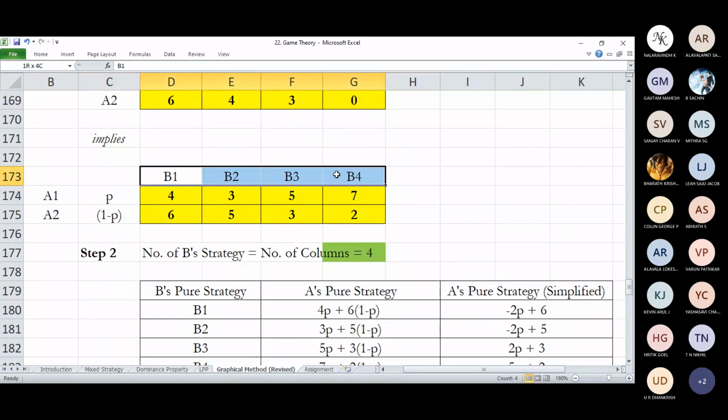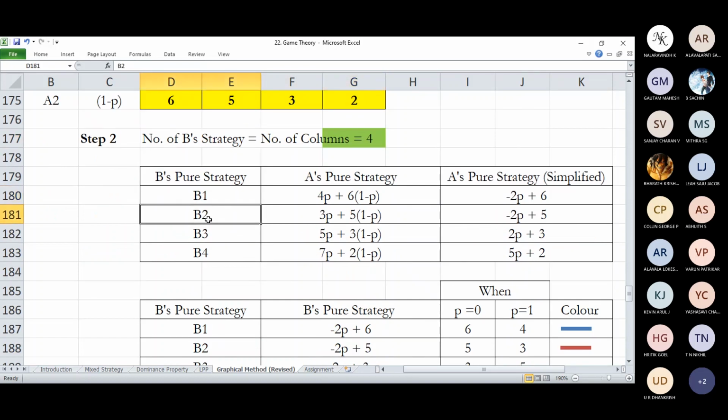You cannot assign P and 1 minus P to the 4 entities, so only the 2 entities get P and 1 minus P. Keep that in mind. The number of B strategies is the number of columns, which is 4, so we have B1, B2, B3, and B4.